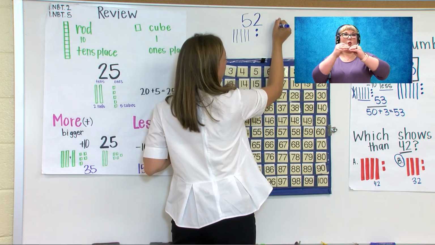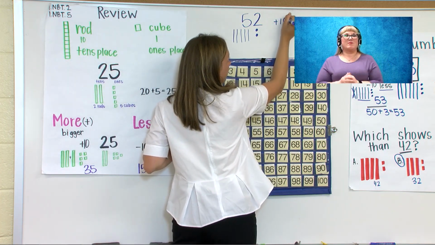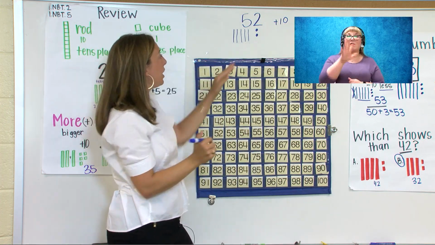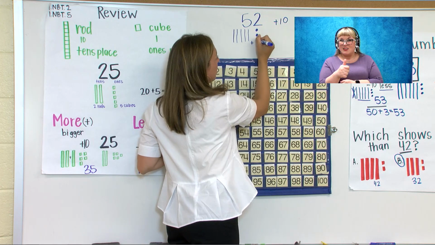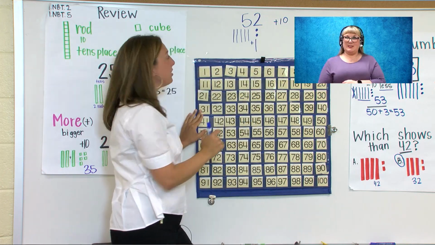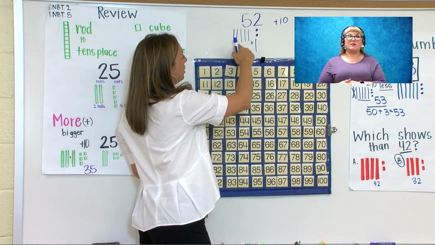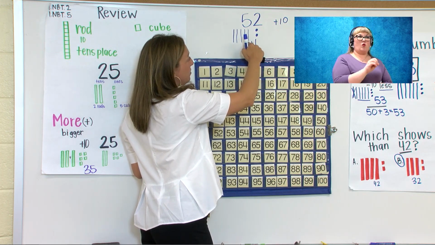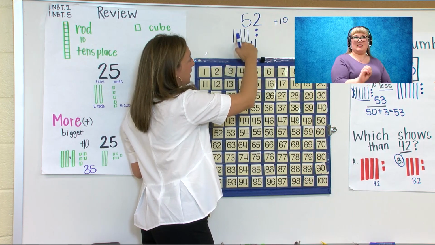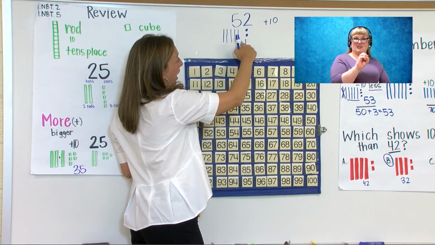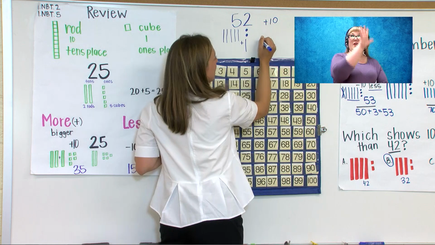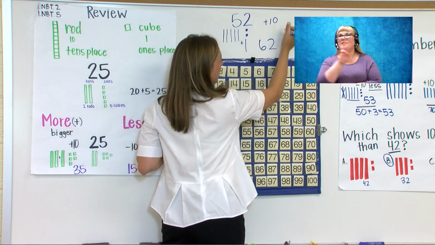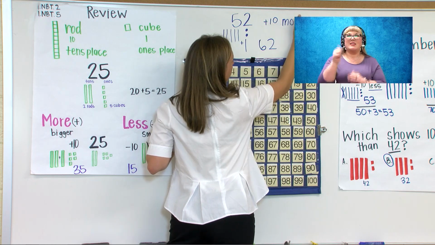So we're going to add 10 to 52. 10 plus 52, adding a rod. Let's count. 10, 20, 30, 40, 50, 60. 5 rods plus 1 rod gives us 60, 1, 2. 62 for 10 more.